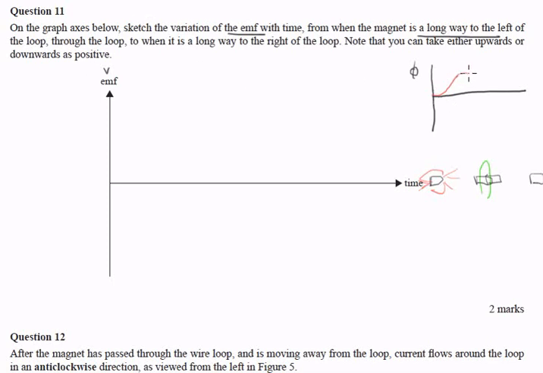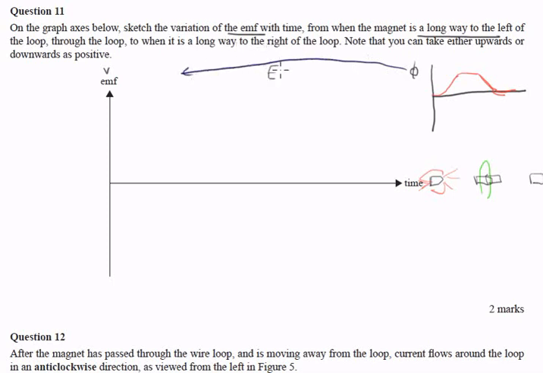So it levels off nice and flat, and then as it goes out the other side, the flux decreases again as it gets further and further away. It's meant to be nice and flat like that.